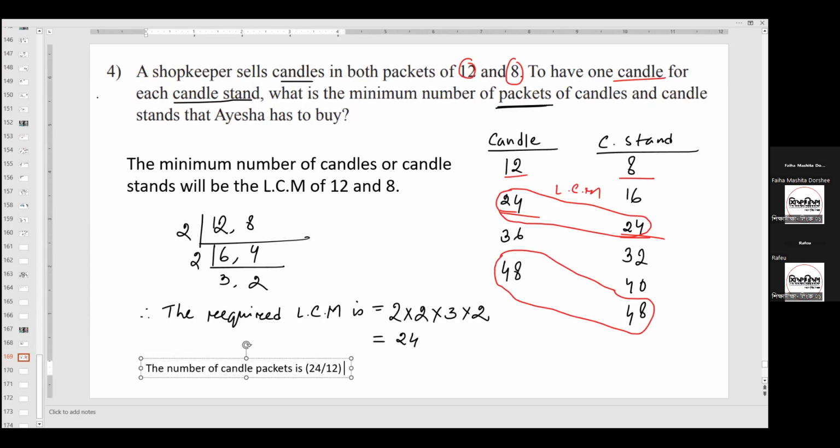So how many packets? 2 packets, right? And the number of candle stand packets is 24 divided by 8, which is equal to 3 packets, right? Okay, do you understand?